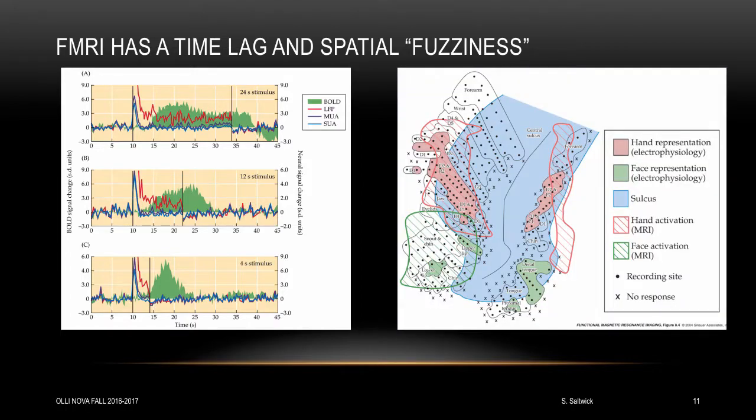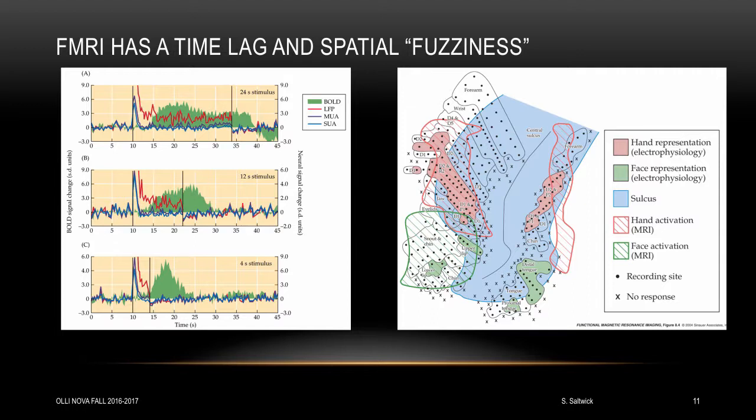The second is there's a spatial fuzziness to MRI. If we directly record from the brain, as shown here on the right, specific recording loci in the operating room, and those are the black dots, we can map out the brain related to hand and face activation. If we then do an fMRI on this same area of the brain, we'll find that the resolution is not as fine as the black dots.